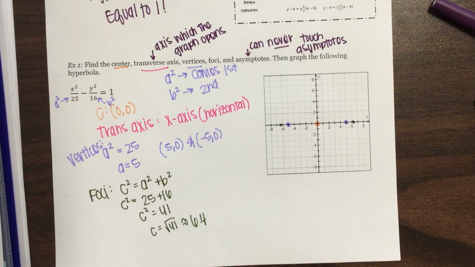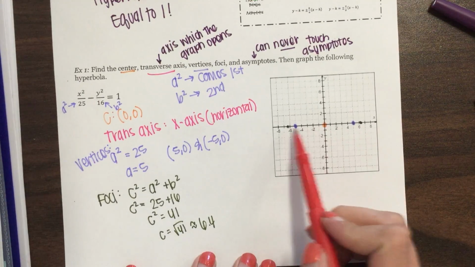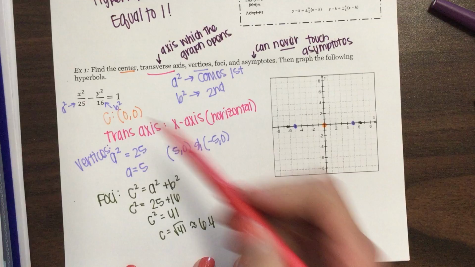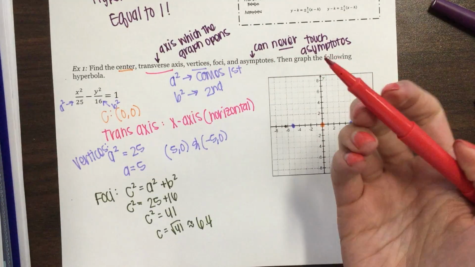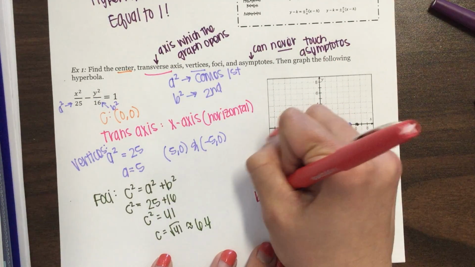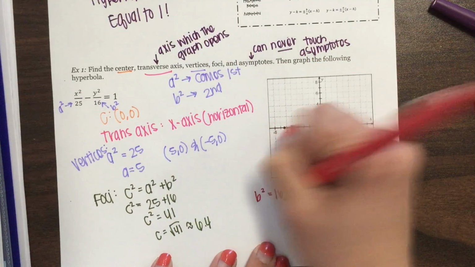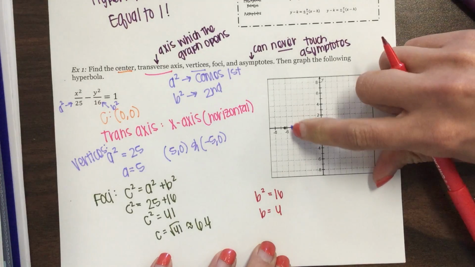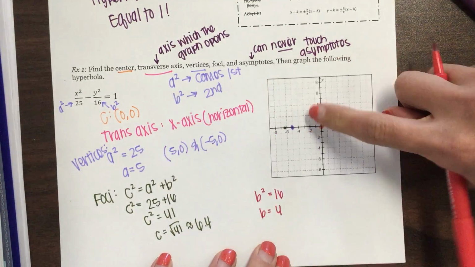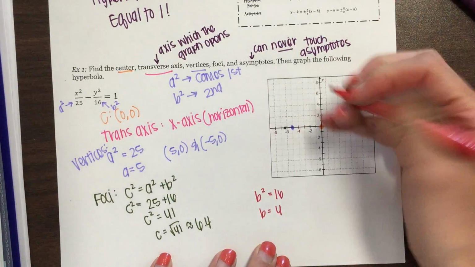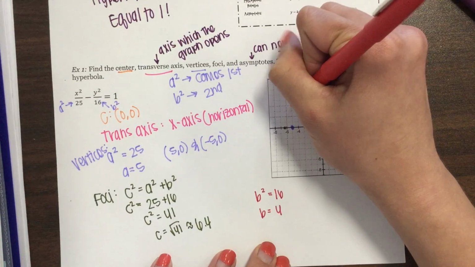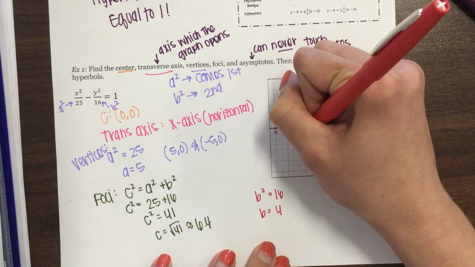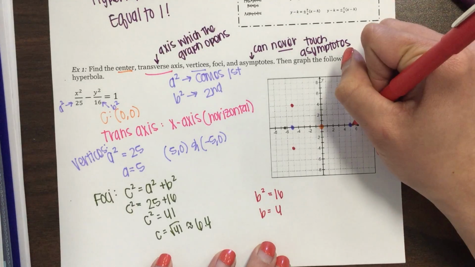Now we have to find the asymptotes. The easiest way to find these asymptotes: we've already gone out our a, and now we need to use our b. We haven't used it yet. So b squared equals 16, which means b equals 4, square root both sides. From my vertices, I'm going to go up and down 4. Up 1, 2, 3, 4, down 1, 2, 3, 4. I'm going to do it from this dot too.